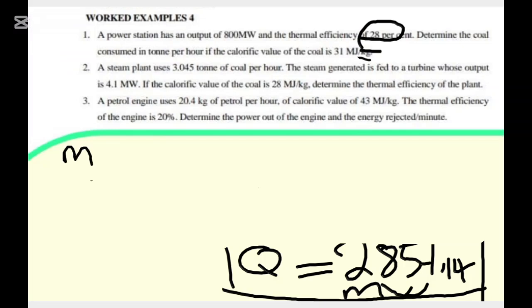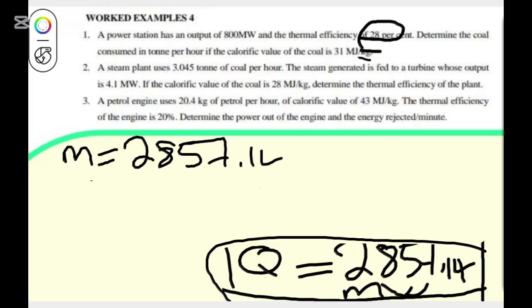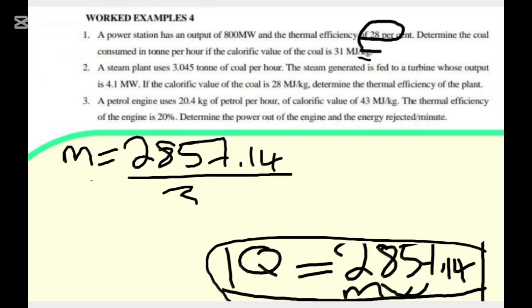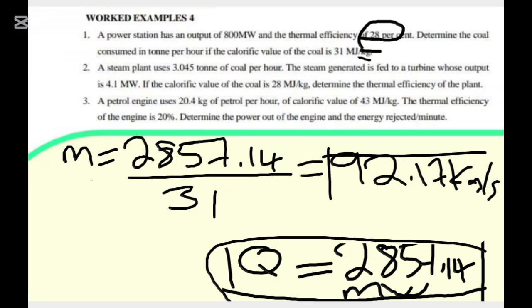So I first find the coal consumed, which is the value of Q that I already found, 2857.14, divided by 31, which is the calorific value of coal. At the end, this should now be equal to 92.17 kg per second.